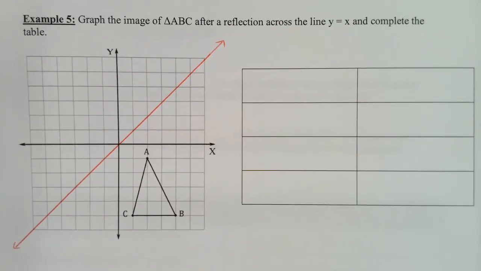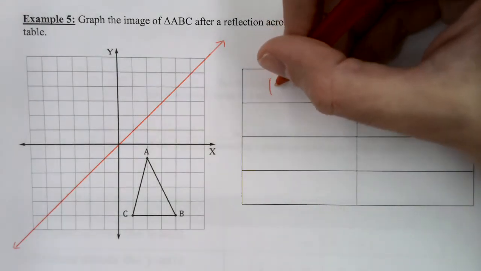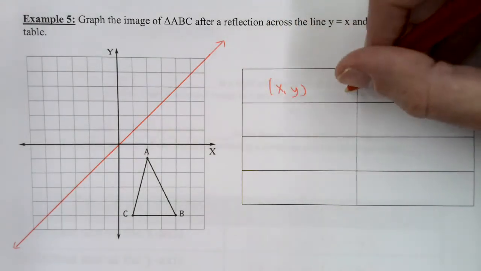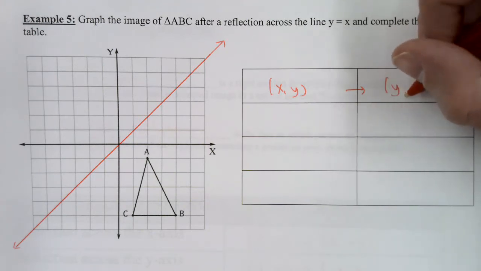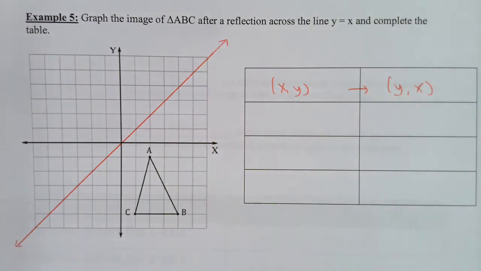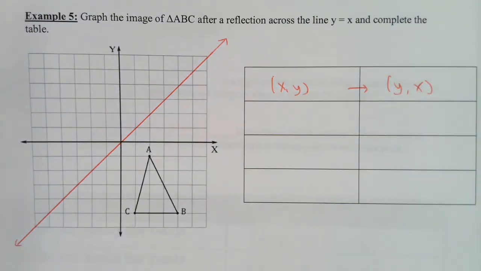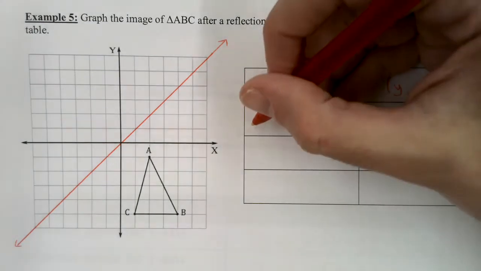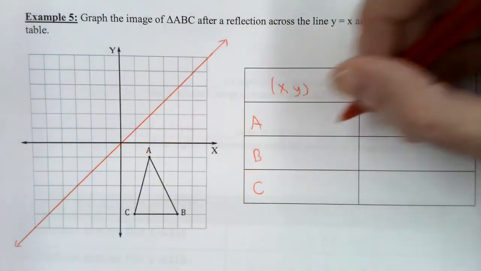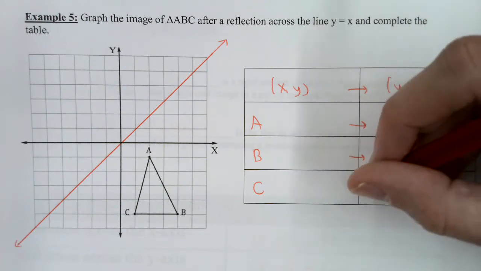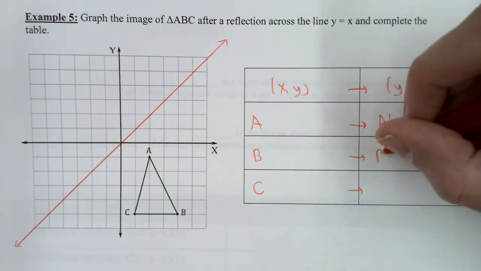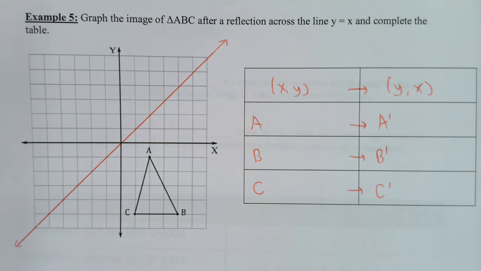Okay. So again, let's make the table first. xy maps onto the rule from the first page. When you reflect across the line y equals x, xy maps onto yx. So again, table, alphabetical order, ABC maps onto A prime, B prime, C prime.